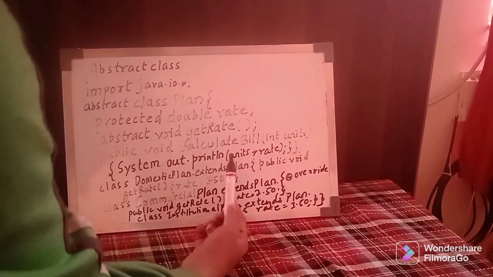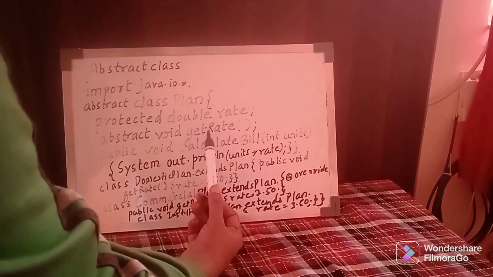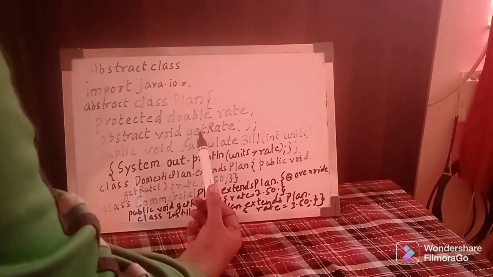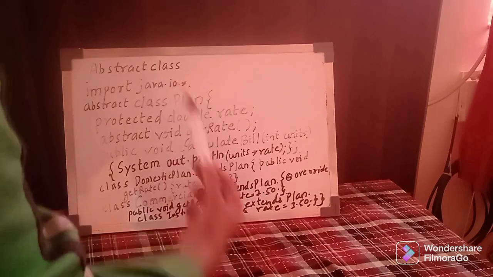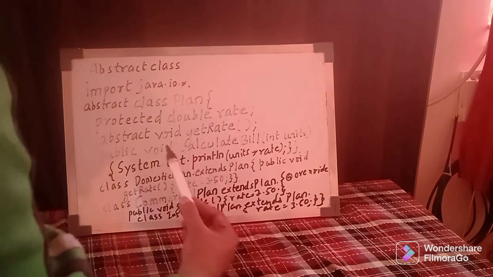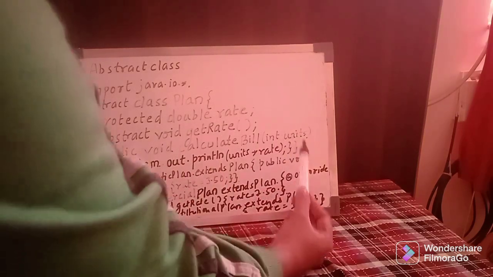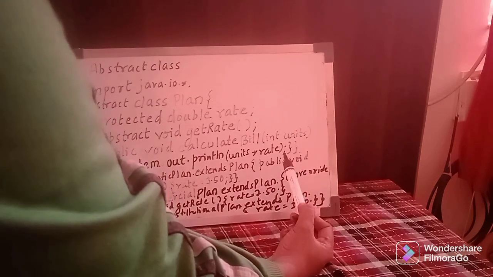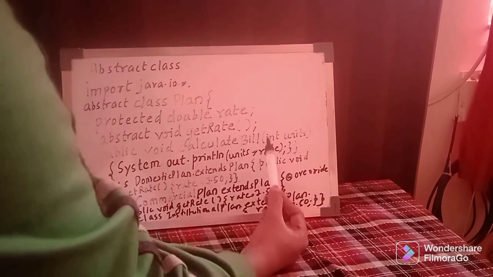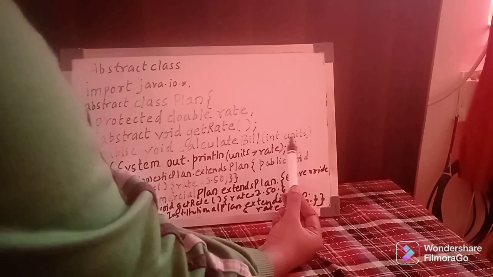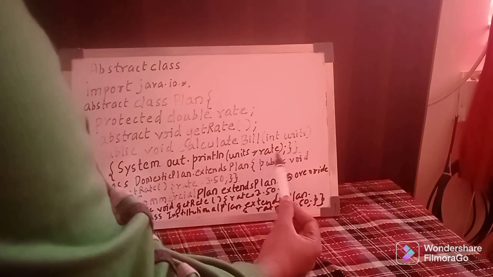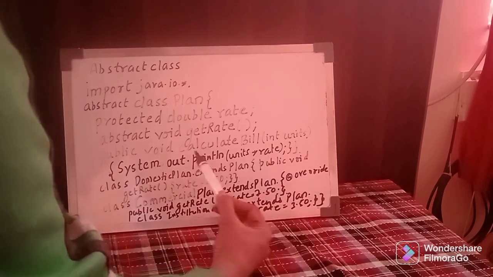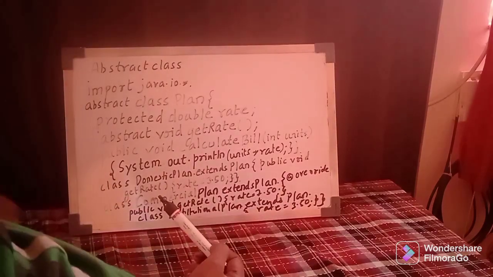This abstract get rate function would be overridden by the classes that extend this abstract class plan, and public void calculate bill, where int units is given, taking the integer type unit, and System.out.println units into rate. It will calculate units into rate and print out the output.